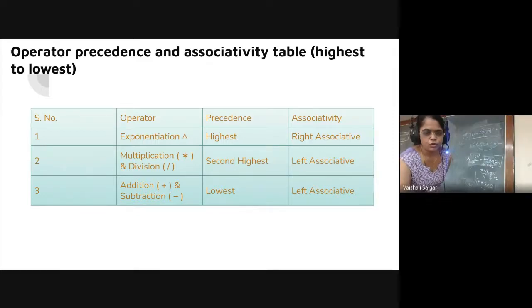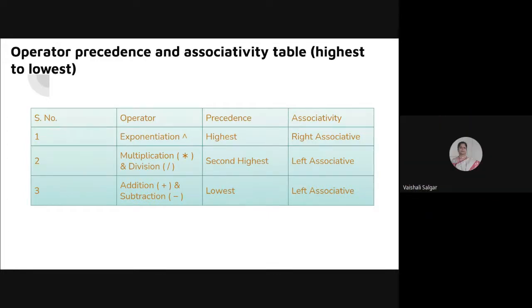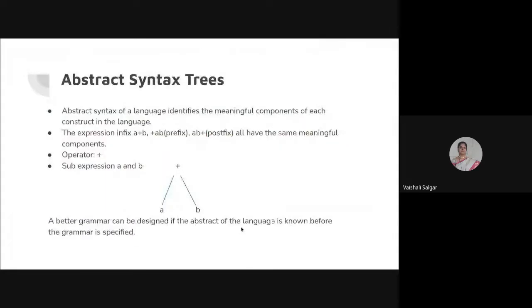Okay, fine. So over here, this is the precedence and associativity, and obviously we have checked all the things with infix, postfix and prefix format. So now after these expression notations, next we are going to talk about the abstract syntax tree. When we say abstract, as the name indicates, my abstract syntax tree is going to identify the components of my language.